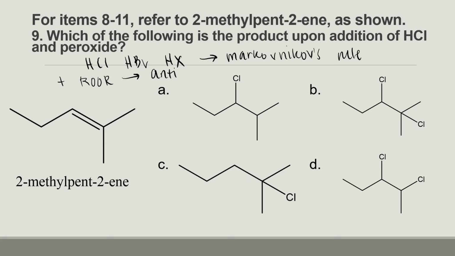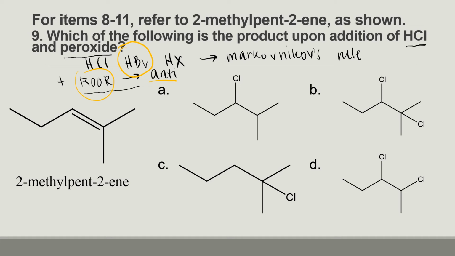But you have to also be careful. You also need to be very careful kasi yung peroxide effect, it only matters for HBr. Okay. So kung si HBr yung gamit mo at naglagay ka ng peroxide, it will follow anti-Markovnikov na reaction. Ibig sabihin, yung halogen mag-a-attach siya sa less substituted carbon. But in the question, we are given HCl and peroxide. And HCl and peroxide does not work the same way as it does in HBr.